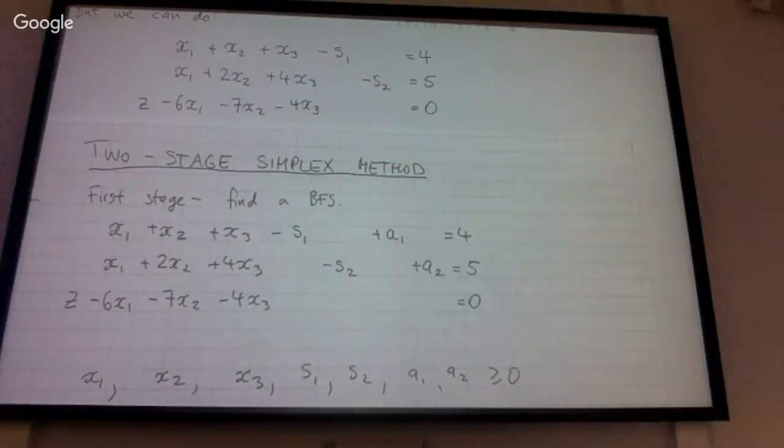So now the question is, if I find x1, x2, x3, s1, s2, a1, and a2 that satisfy these equations, and then I forget the a1 and a2, and I plug in all the x's into these constraints, are they going to be satisfied? Yes or no?